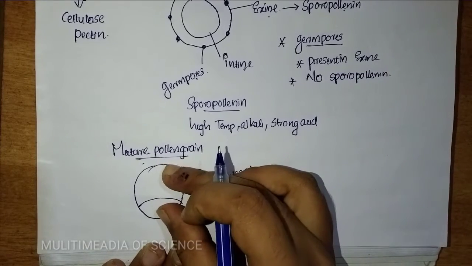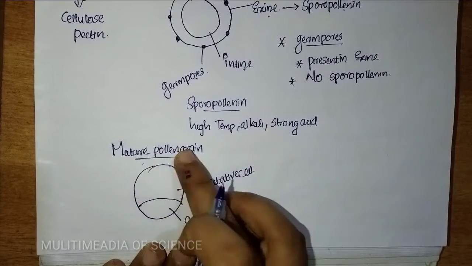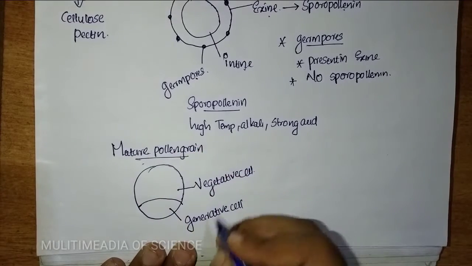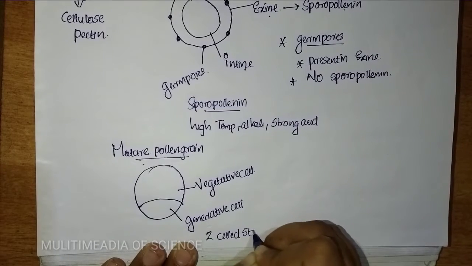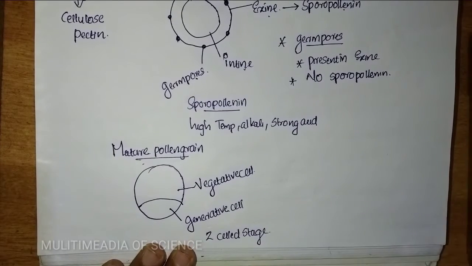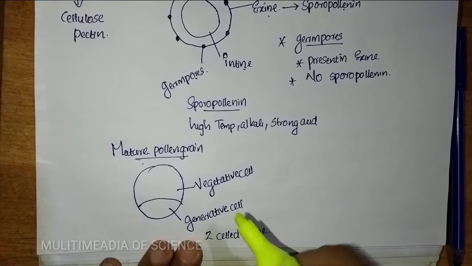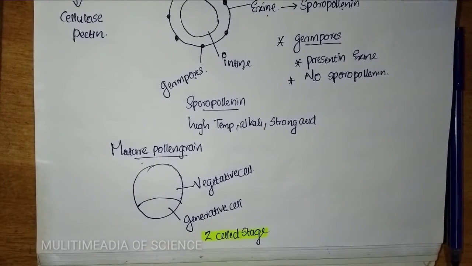Such a type of division present in the mature pollen grain is named the two-celled stage.